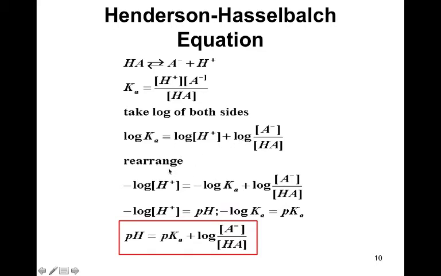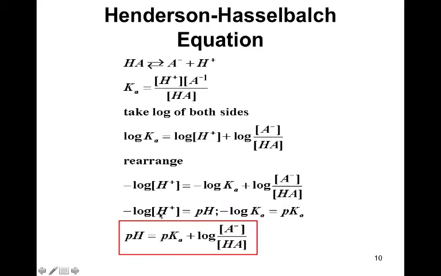If you rearrange this equation, you have the negative log of hydrogen ions equal to the negative log of Ka plus the log of the concentration of anion to the concentration of unionized weak acid. So what has been done here is this particular part has been moved to the left and this particular part is moved to the right. That's how they become negative.